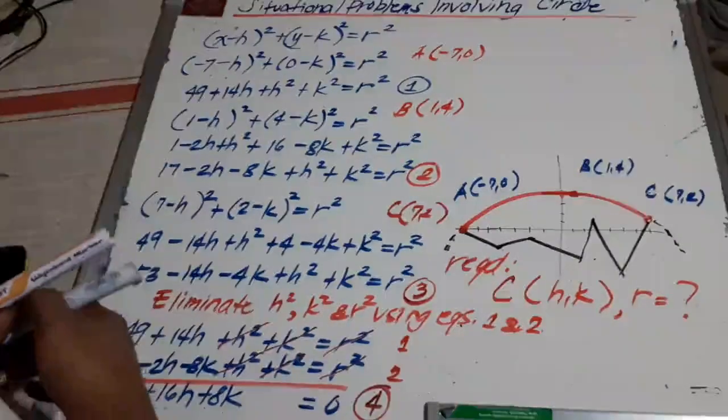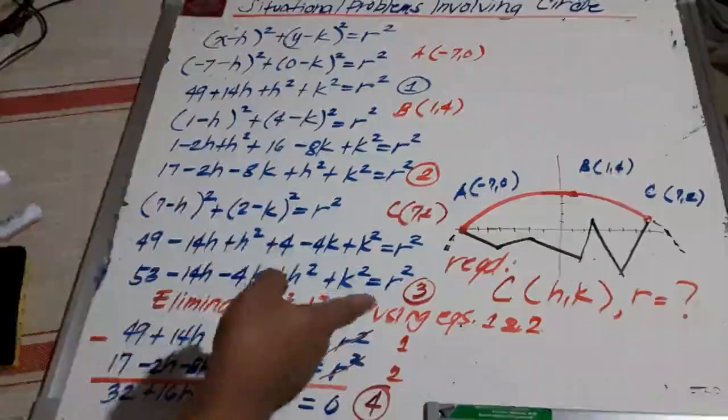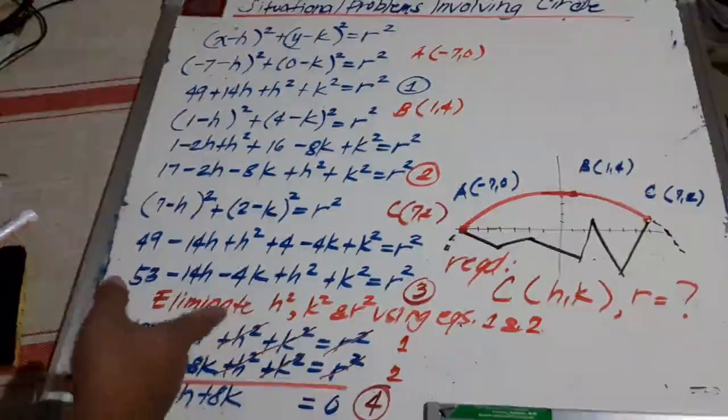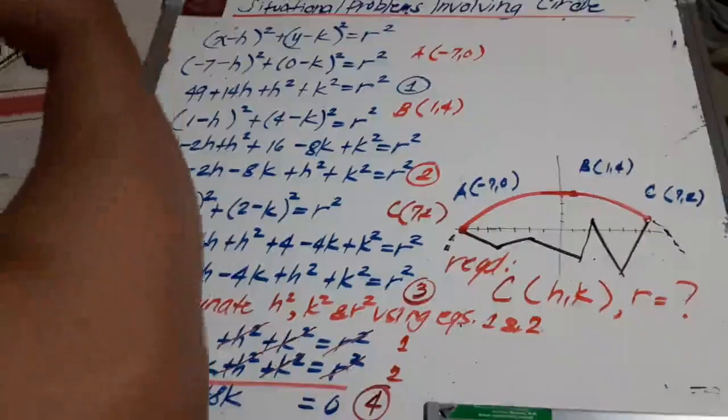Now, gamitin naman natin yung equations 1 and 3 to eliminate same variables, h squared, k squared, and r squared.